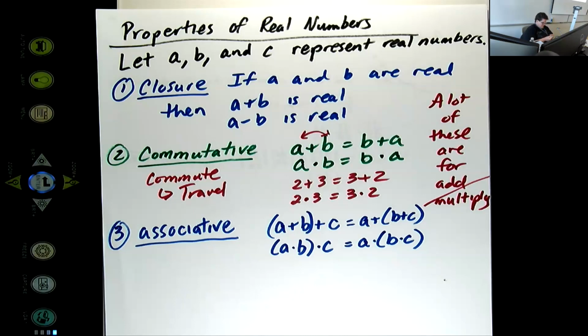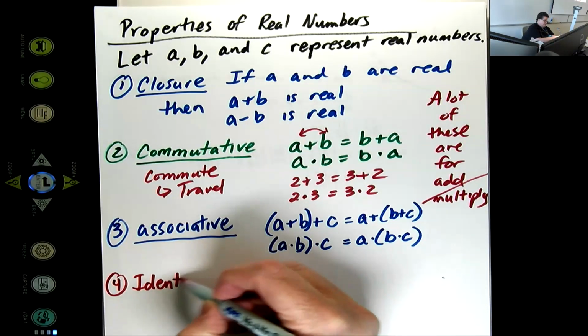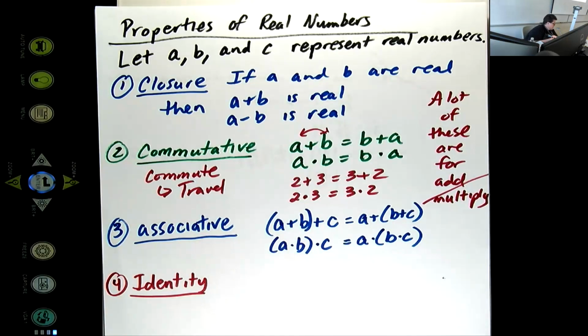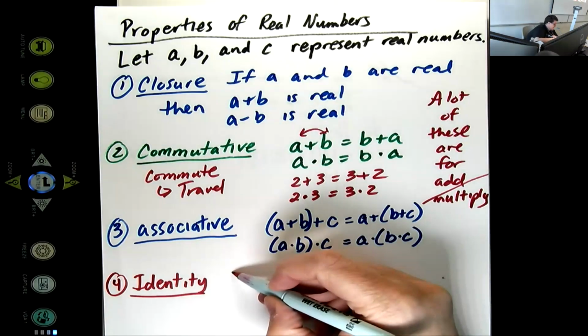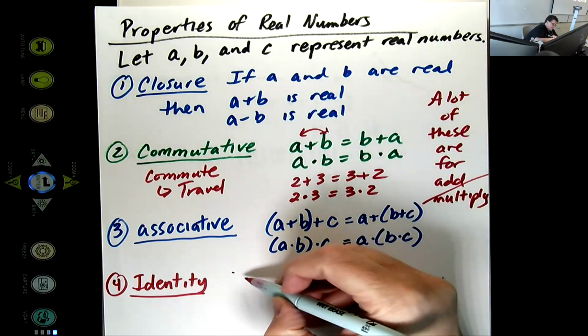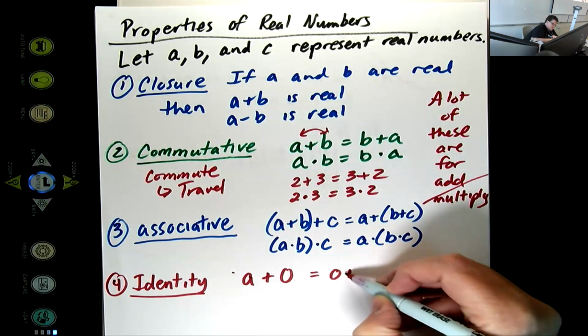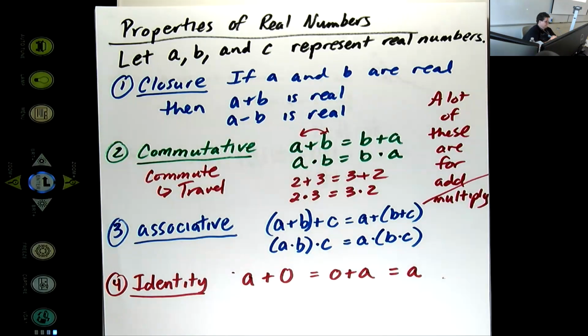This is one of my favorites. It's so good. I'm going to do it in red. It's called identity. A plus 0 is the same as 0 plus A, which is A. This is called the additive identity.